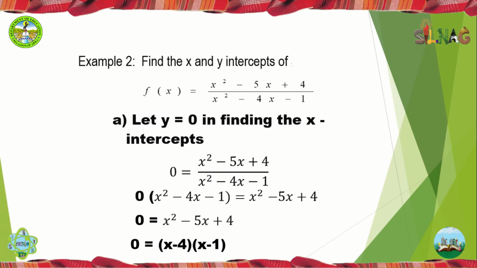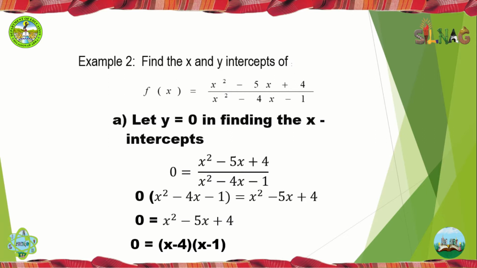So we have 0 equals x squared minus 5x plus 4 over x squared minus 4x minus 1. Then we cross multiply. 0 times the quantity x squared minus 4x minus 1 is equal to x squared minus 5x plus 4 times 1 at the right side, which is x squared minus 5x plus 4.